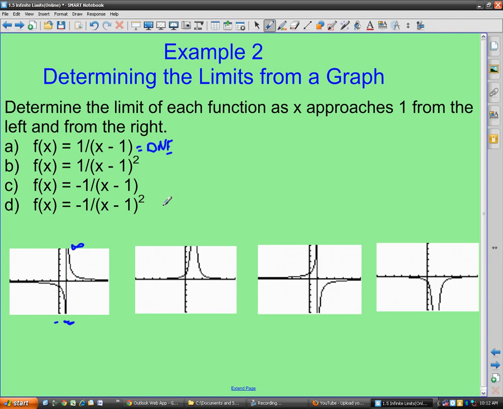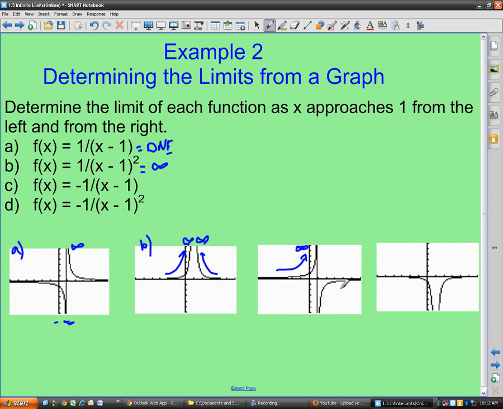The second one, though, you can see this was graph A, this one's graph B, and they're both going up as we approach 1. They're both going up to positive infinity, and I just graphed these on my graphing calculator. Since they're both going to positive infinity, we'll say that's positive infinity. This guy, from the negatives, we are going to positive infinity.